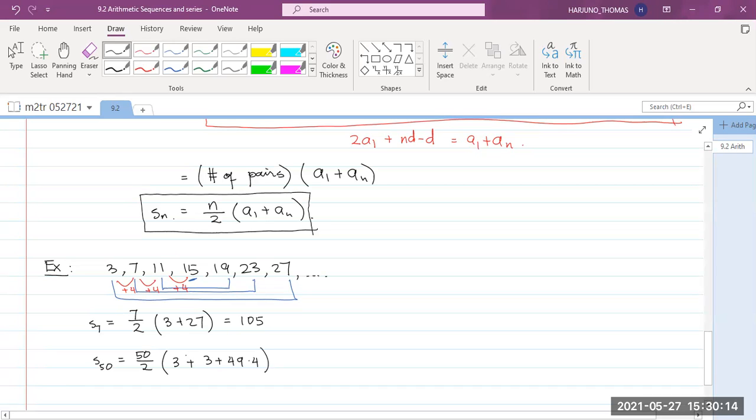This is my 50th term. So that is equal to 25 times 49 times 4 plus 6, which is 202. So that will be 5050.